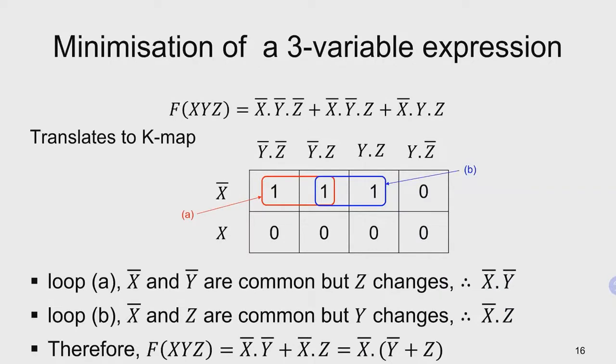So how can we minimize 3-variable expressions? Here I have an expression. We have x bar, y bar, z bar, so we put a 1 here.